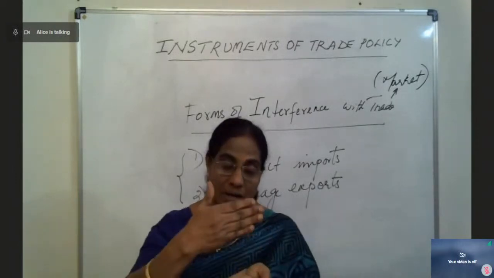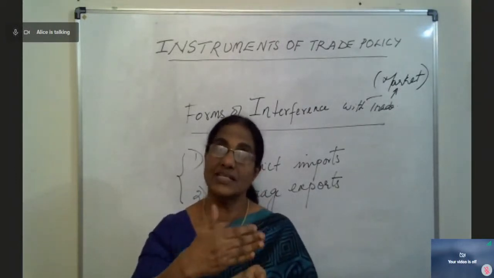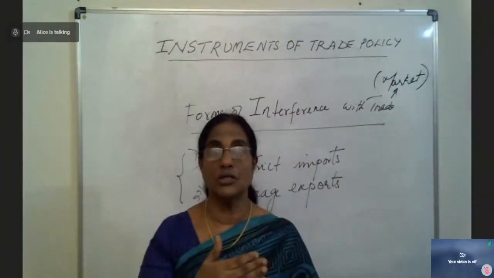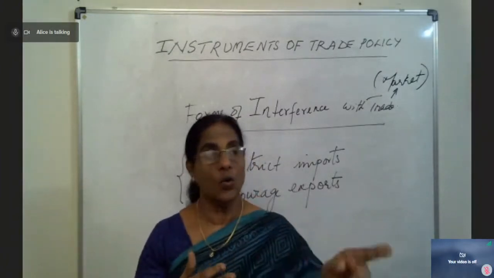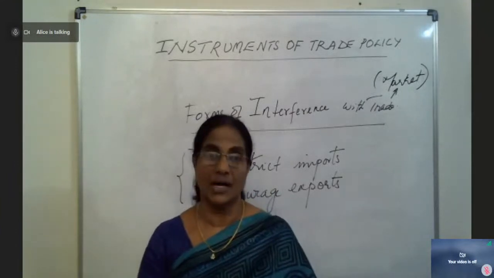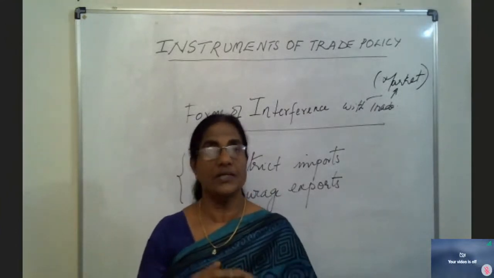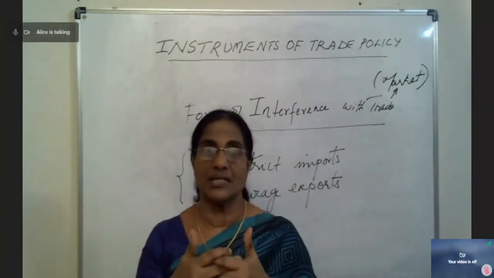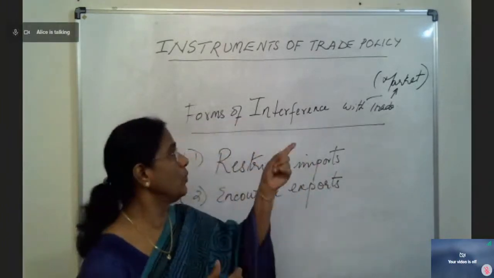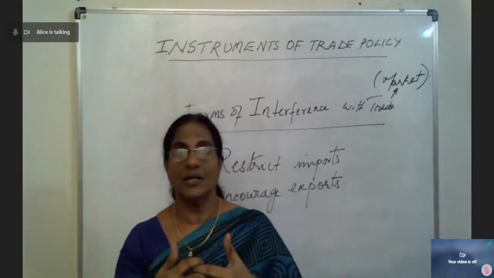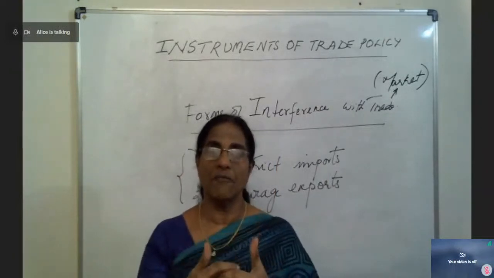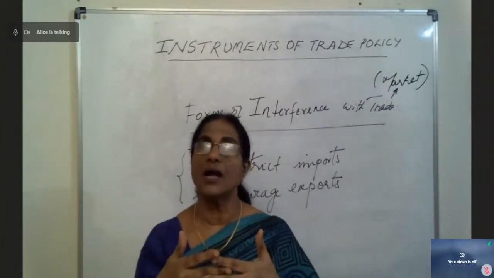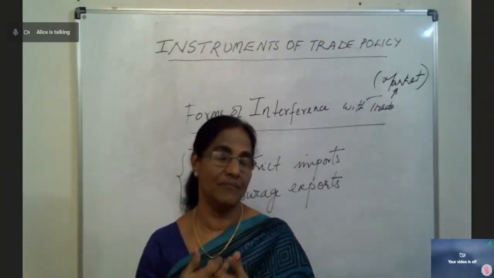That means countries prefer its citizens to buy high-priced domestic goods and not buy low-priced goods from other countries. Okay, this is interference with trade, right? Interference in the market. And that is what we are going to study now today. That is how governments interfere with the free play of market in the international trade.